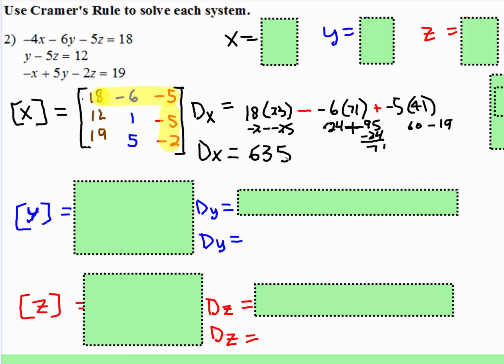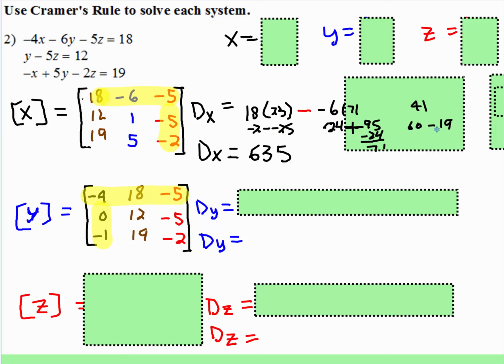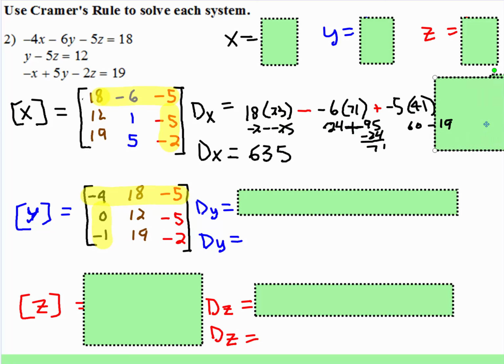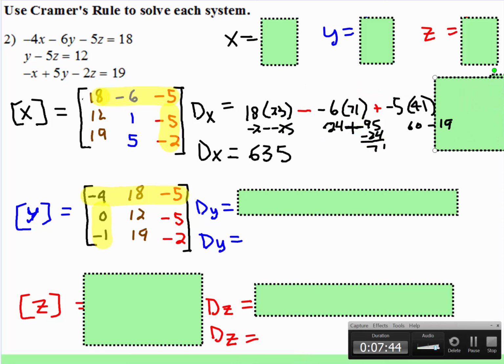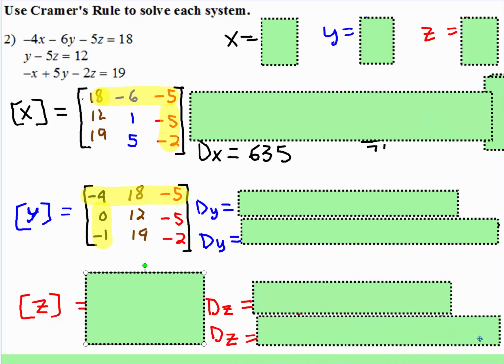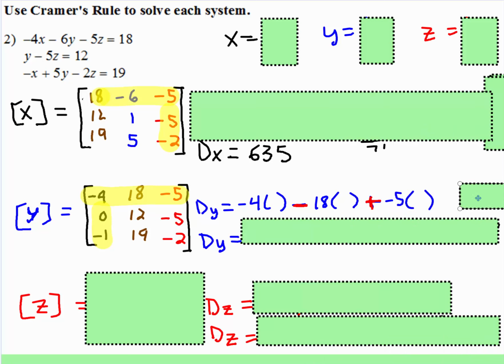All right, now we're going to go on to the y. We're going to do all that. I'm actually going to pause this. Okay, so on the y matrix, we look up here, and it's -4 times its determinant, subtract 18 times it, add -5 times its determinant, and I went ahead and pre-did these to kind of speed up the video.